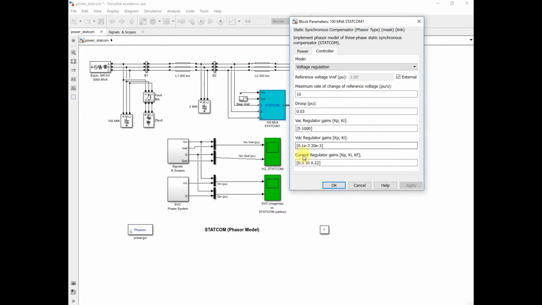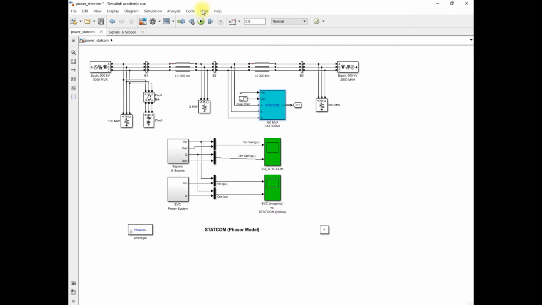In the same way the DC regulator gain is given, and this current regulator gain. The response time of the STATCOM is decided based on this AC regulator gain. We will discuss later how, as this regulator gain changes, the response of the STATCOM also changes.